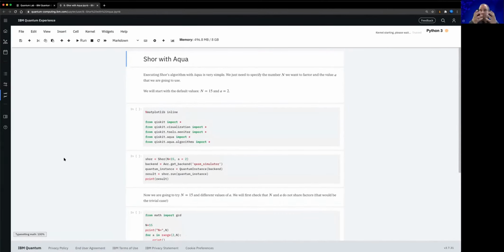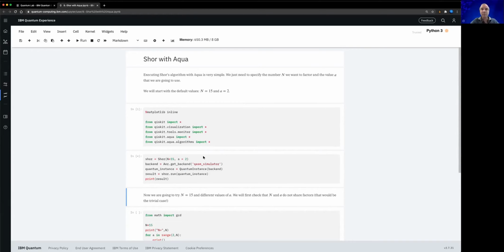Of course, you can implement everything with the gates that we have studied, and you can produce your own circuit, but you don't need to do this because this is already implemented in Qiskit. Of course, you can go and check the source code. Qiskit is free software, so you can see how it is done. But the idea is the one that I have been explaining in the slides.